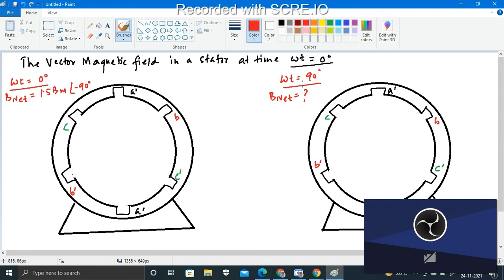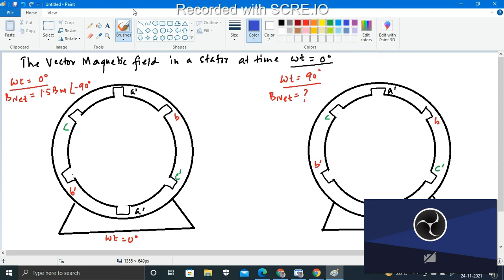Okay, so now we have to draw the vector representation for omega t equal to 0 degree. Right, so how could I draw these things?